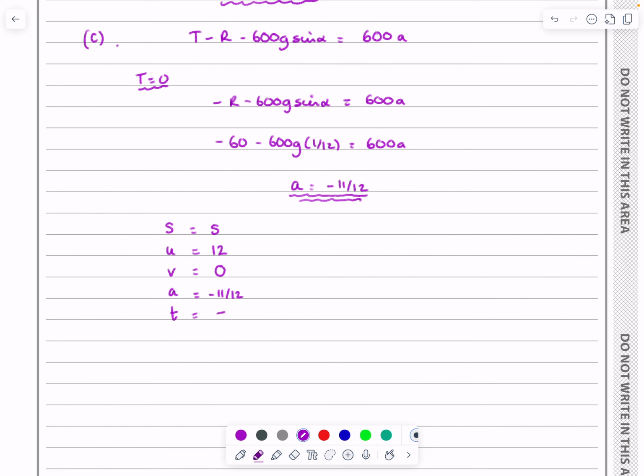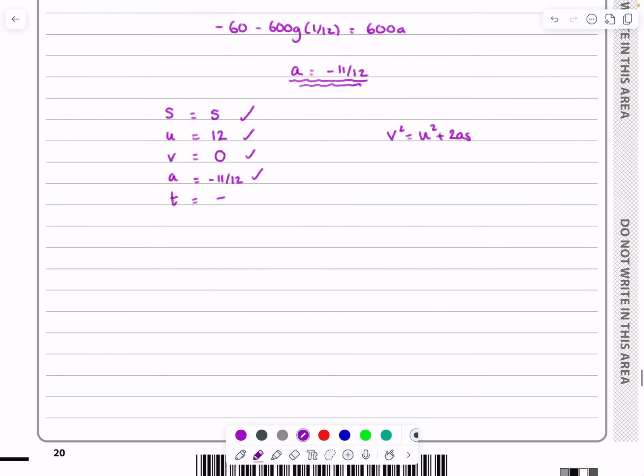Not interested in t. Which of my kinematics formulae uses s, u, v, and a? Hopefully you're on top of those. v squared equals u squared plus 2as. So if we just sub all the information in, we've got 0 squared, we've got 12 squared, plus 2 lots of minus 11 over 12 s here. You can just rearrange that to work out what s is.